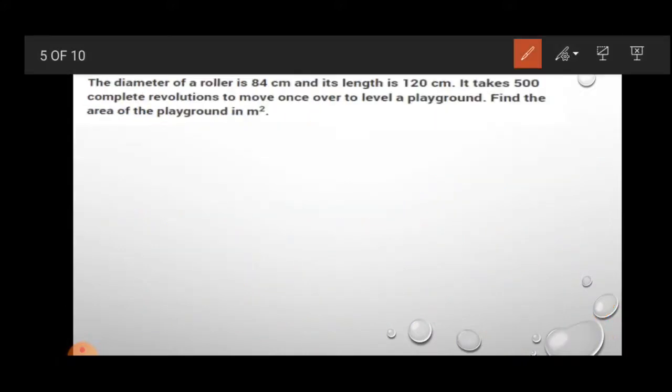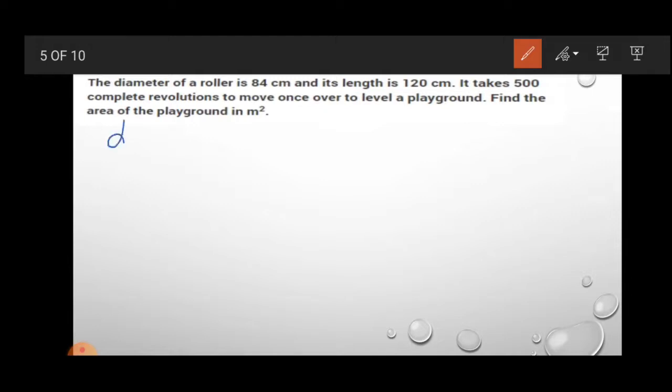Question number 4. The diameter of a roller is 84 centimeter and its length is 120 centimeter. It takes 500 complete revolutions to move once over to level a playground. Find the area of the playground in meters square.